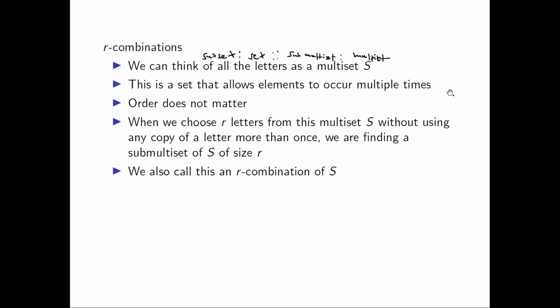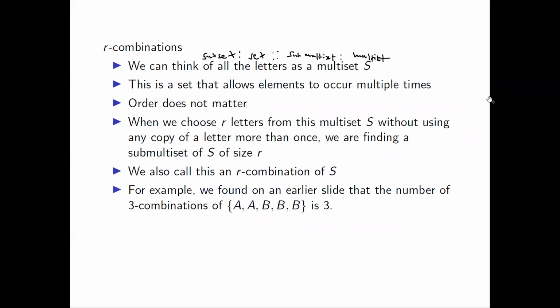And so we're going to call this sub-multiset of size R an R combination of our multiset. So if we're trying to count the number of R combinations of our multiset S, all we're trying to count is the number of sub-multisets of S of size R. So that's all an R combination is. It's just a sub-multiset of size R.